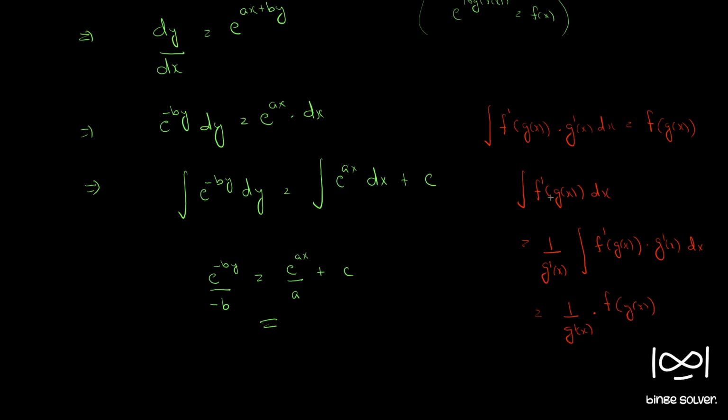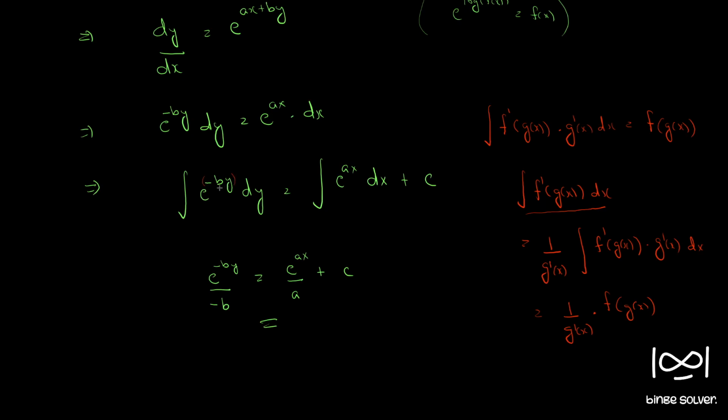So here if g dash of x is a constant, it essentially looks like the integral of f dash of g of x, which is f of g of x by g dash of x. So that's what I did here. So here this term is the g of x.